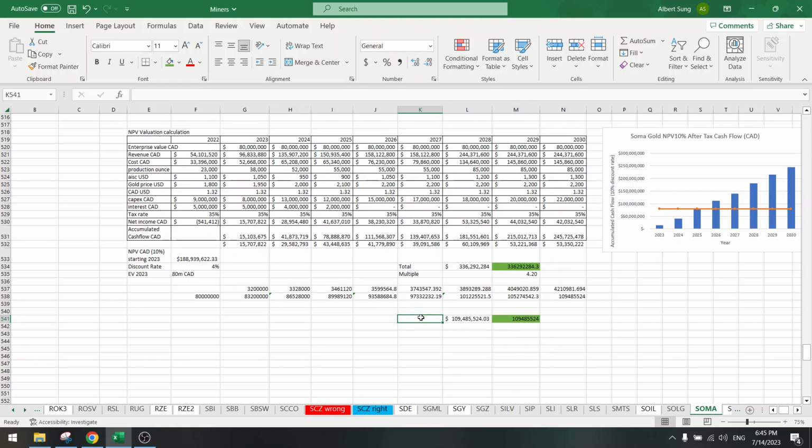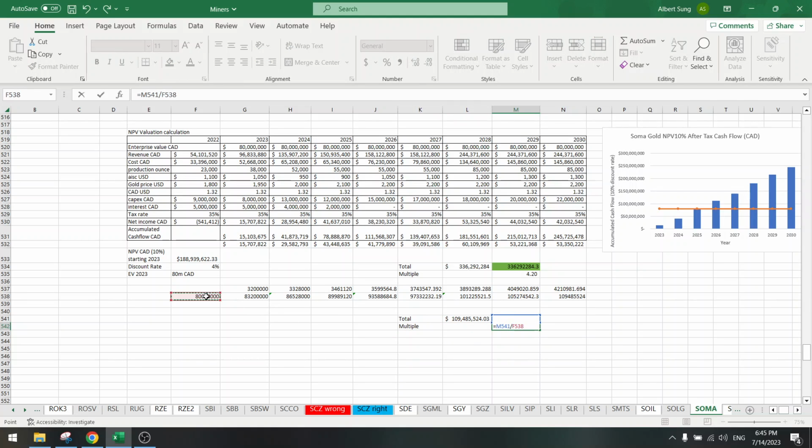And the multiple is this divided by this. That's the multiple, 1.36. So I got a 40% return over 8 years.